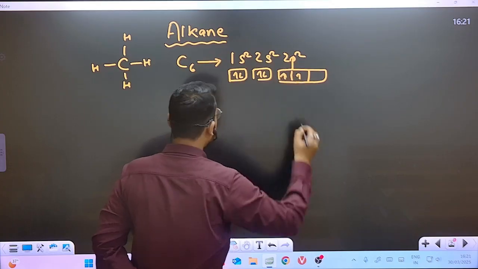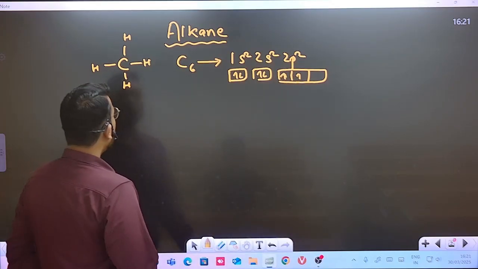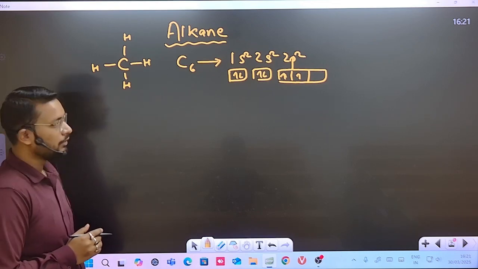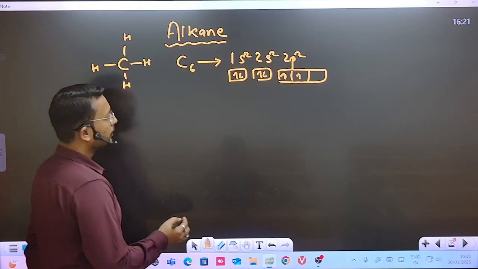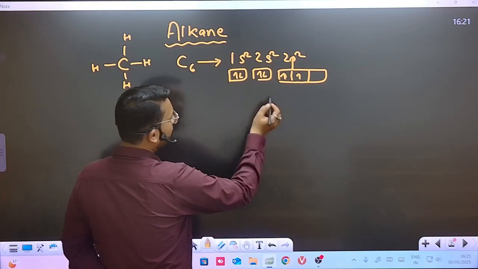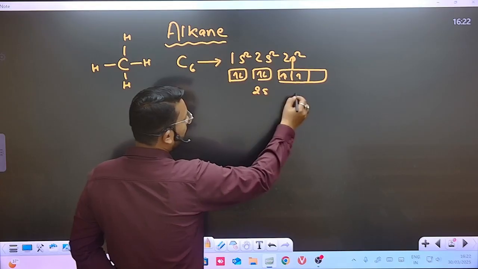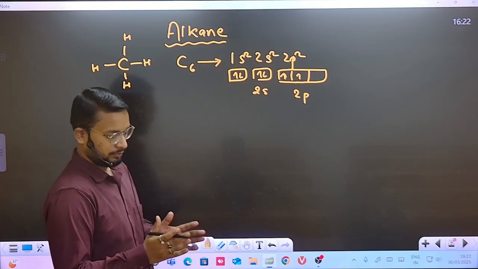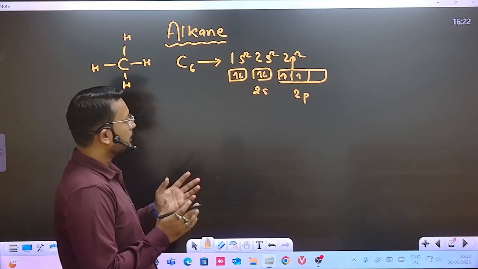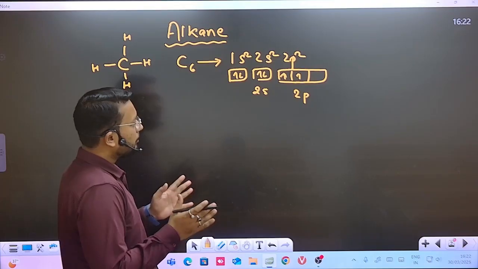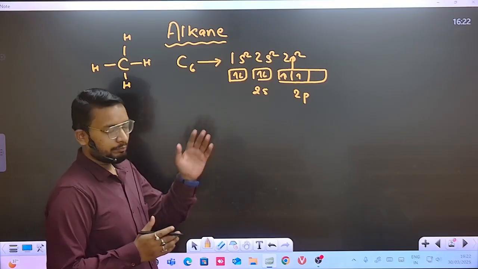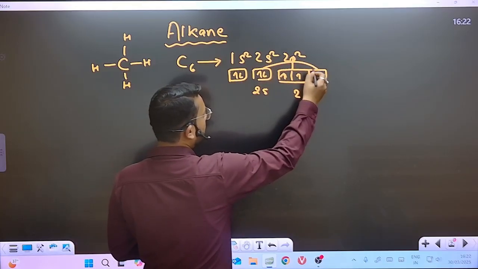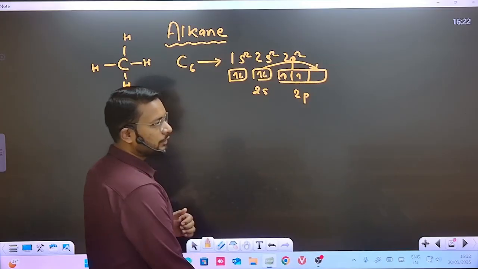When this carbon is making the first bond, the 2p and 2s orbitals are very close, meaning the gap between them is minimum. So an electron from 2s excites and goes to the 2p orbital.